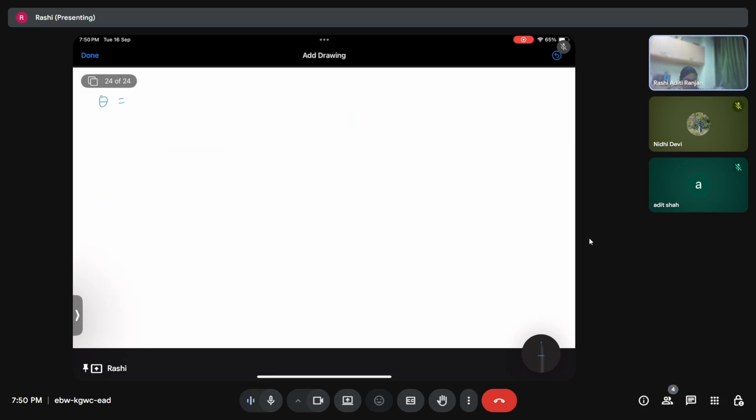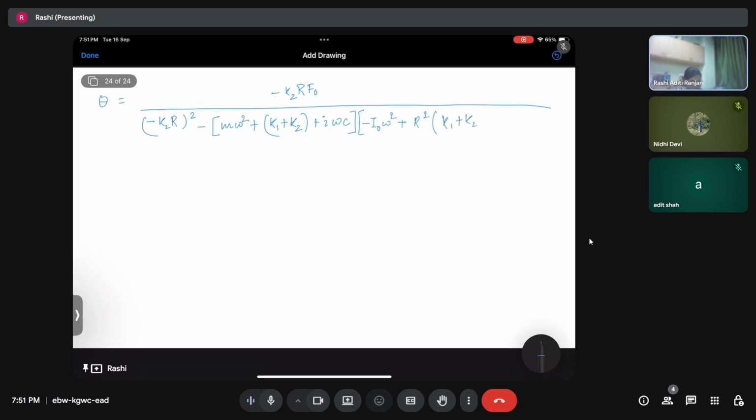So for theta, the equation will turn out to be minus k2 r f naught, whole divided by k2 r whole square minus m omega square plus k1 plus k2, plus iota omega c, into minus I naught omega square plus r square k1 plus k2.